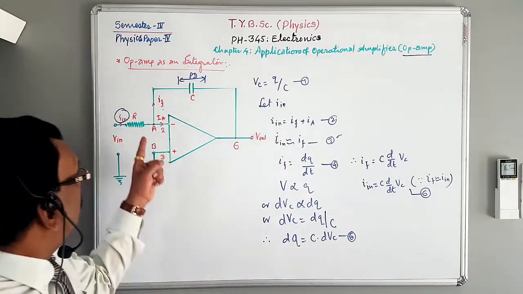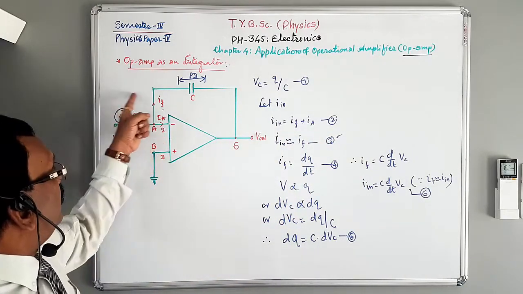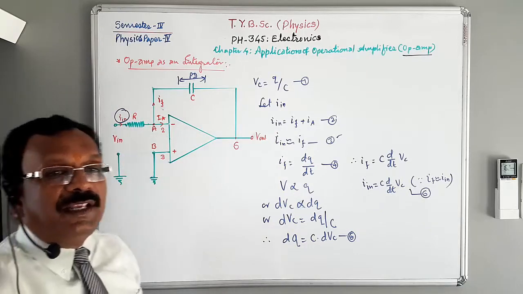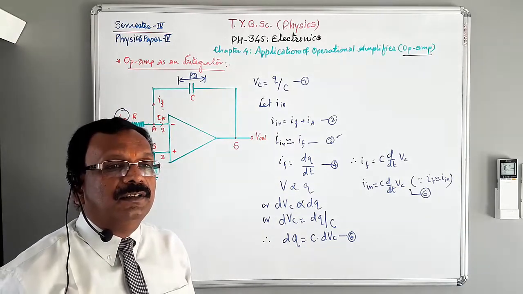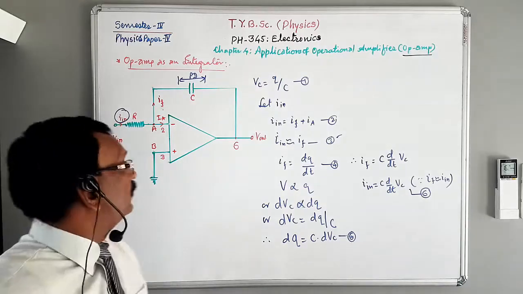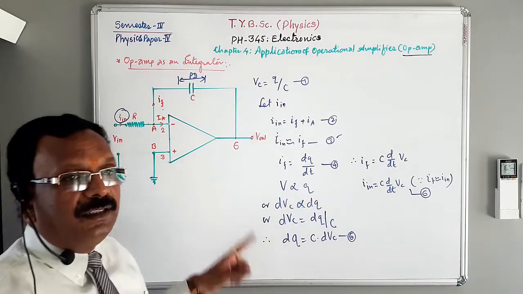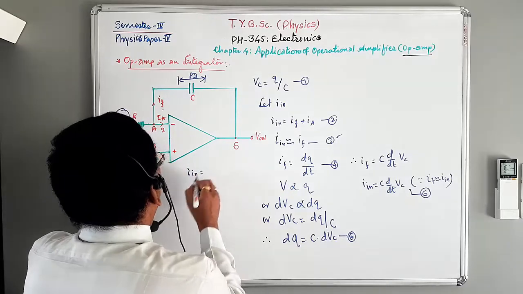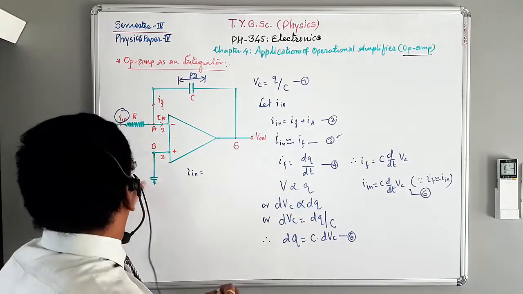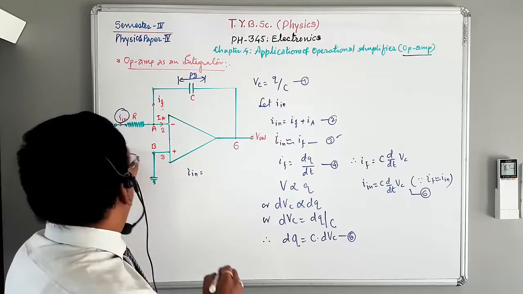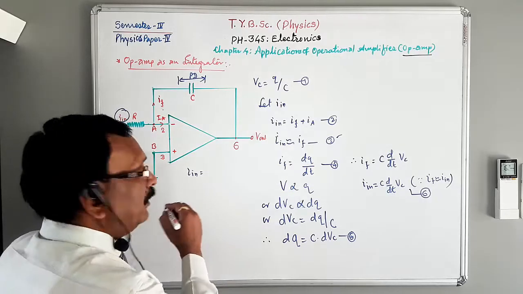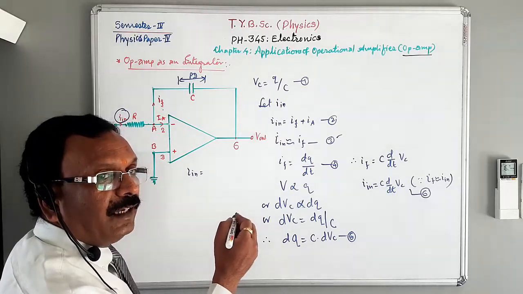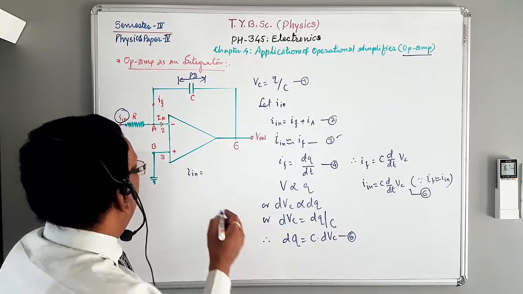Now from this figure, what is the voltage and current toward this side? In this figure, IIN is equal to, according to Ohm's law, V is equal to IR, that is I is equal to V upon R. V is what?